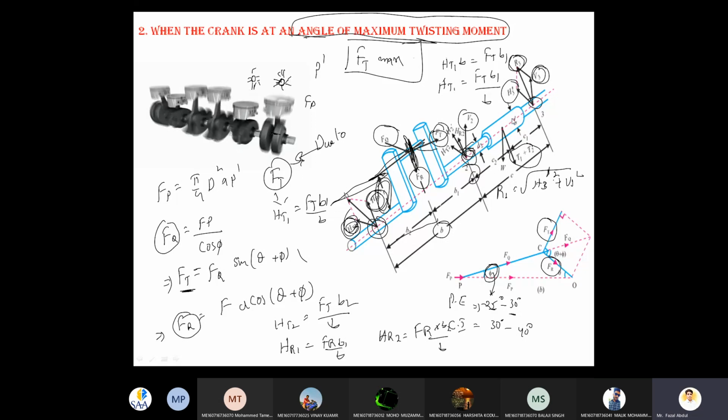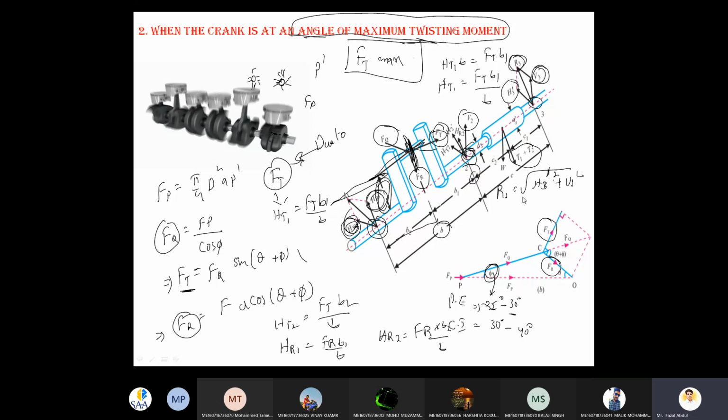Whatever forces are acting here, we resolved all those forces and solved them one by one. Broadly there are two types of forces acting here: tangential force and radial force. Because of the tangential force there are two horizontal forces, which I have written here as HT1 and HT2. Because of the radial force, HR1 and HR2.